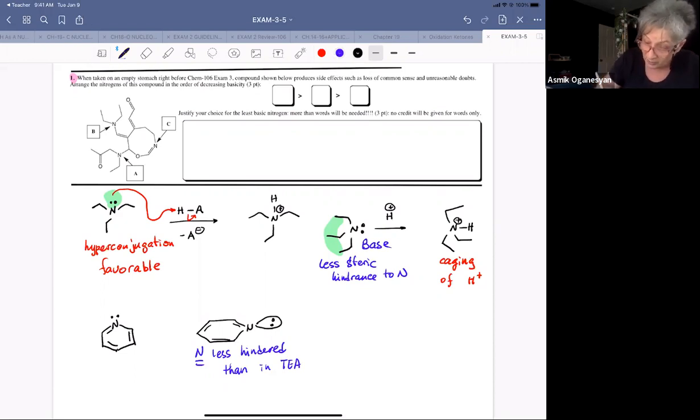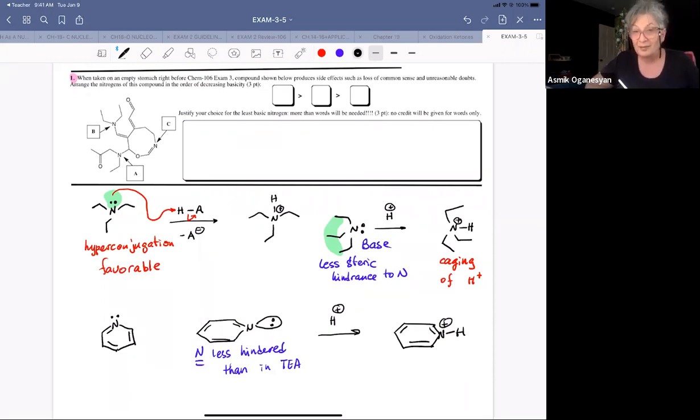But once the reaction is complete, and again, I'll simplify it, and you form your pyridinium salt, think of it, your proton is residing within the plane of the molecule, and there is nothing to protect it from stealing back with the conjugate base.